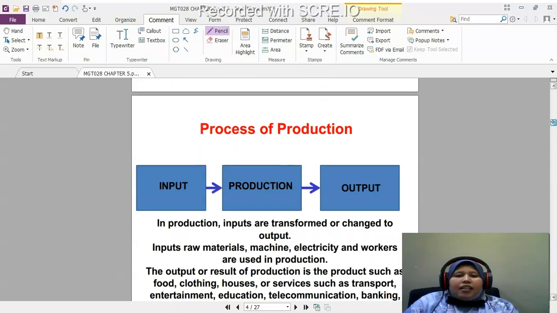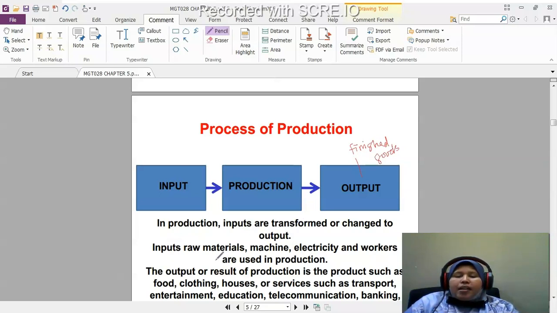If you see this diagram here, this is the process of production where you should have the input, and then go through the production activity. After that, the input will become an output. So output is the finished good. In production, inputs are transformed or changed to output.